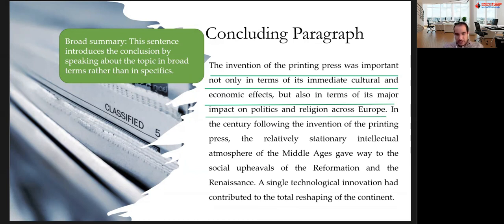We know that it will start here, right? But where does it end? Where does the overview of the specific ideas mentioned in the essay end? You can just mention the word.